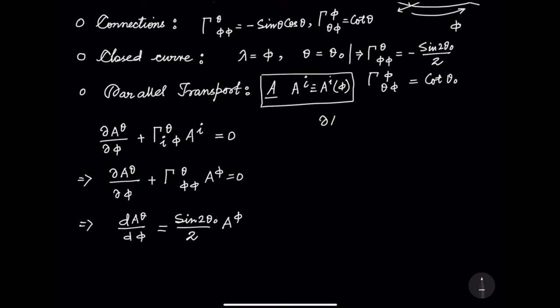And let us do it for del phi. Now this should be phi, this should be phi, again A I is 0. Upstairs phi, downstairs phi, I can only be theta.